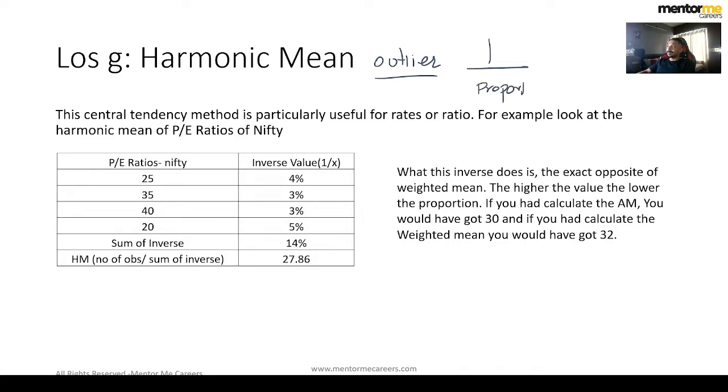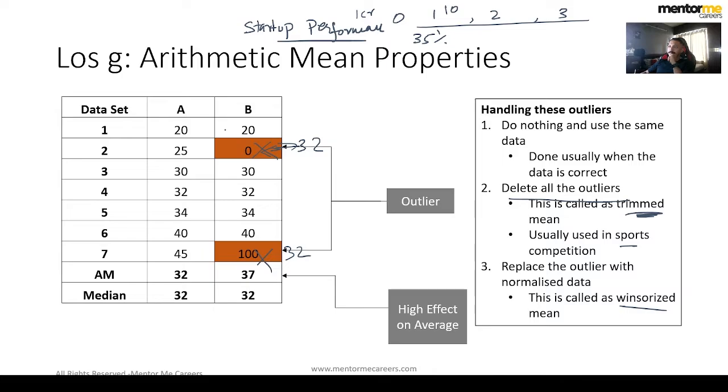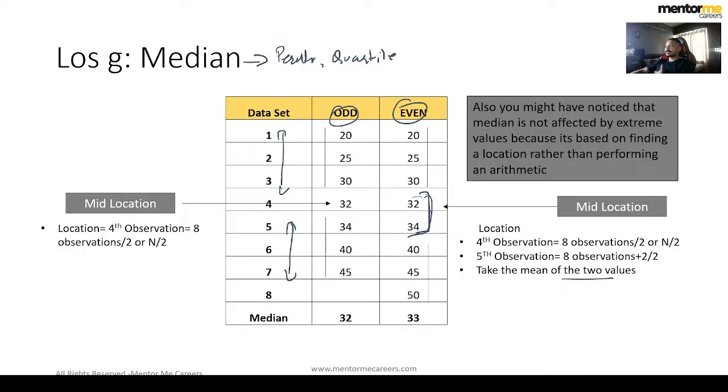It's funny, right? In the same example of this data that we were looking at, if you say that this data point has a lot of effect on our arithmetic mean, so let's inverse the proportion of such outliers, and that would be harmonic mean.